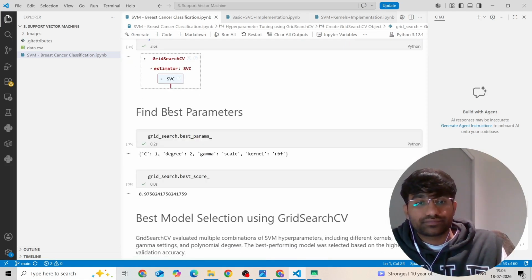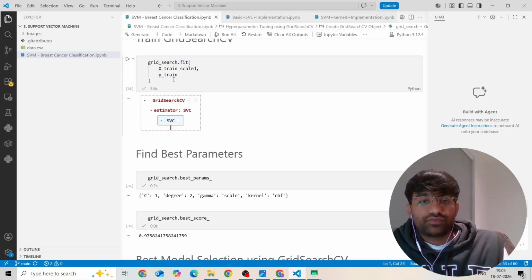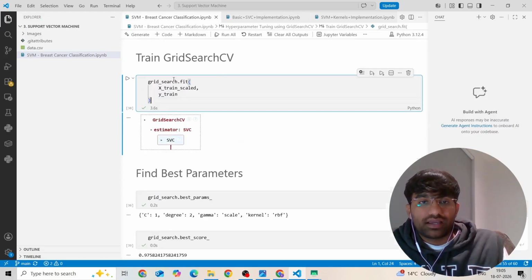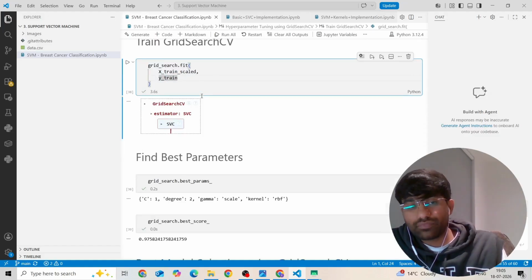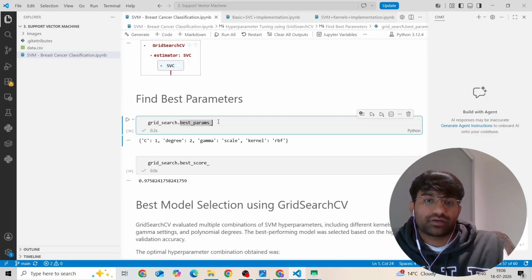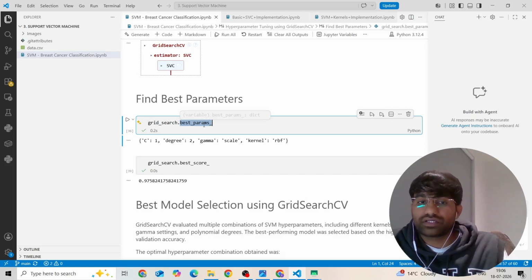Okay. Now I will fit the model. The model training starts. Here the model is training, train GridSearchCV. After training the model, I will look for the best parameters. What are my best parameters? GridSearch.best_params_ will give you the best parameters.